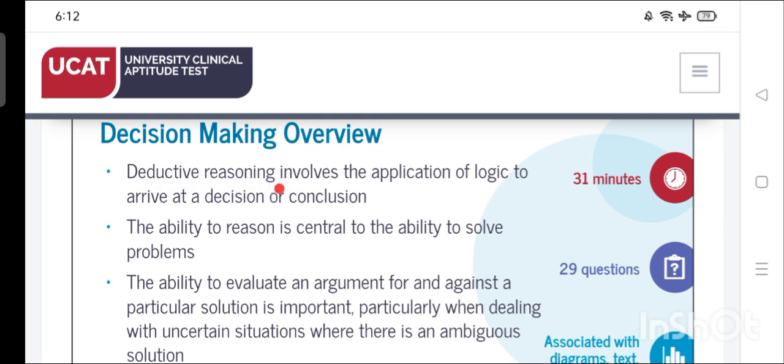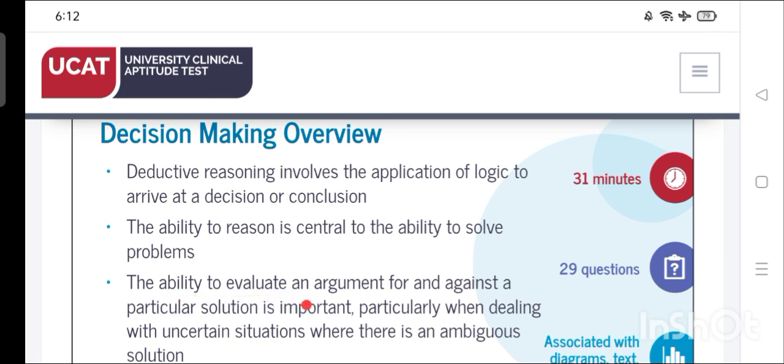Deductive reasoning involves application of logic to arrive at a decision or conclusion. The ability to reason is central to the ability to solve problems.